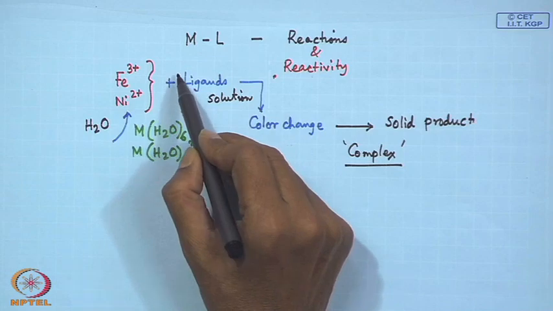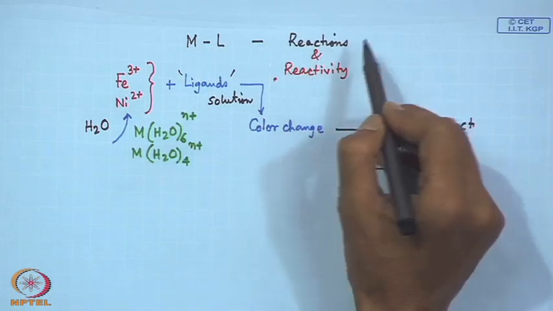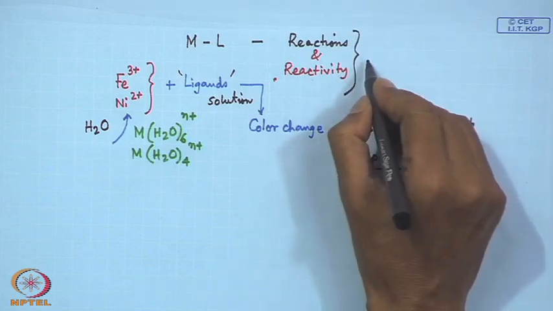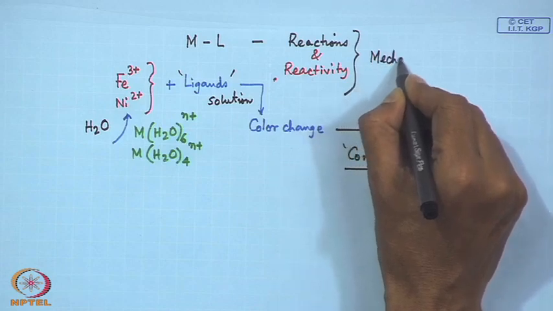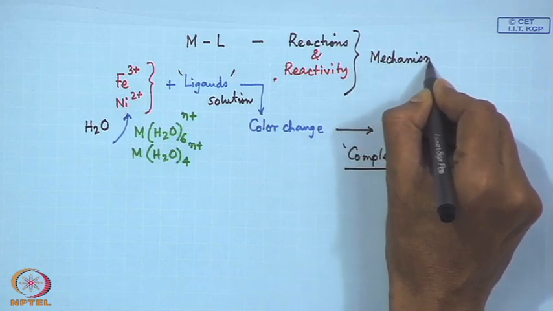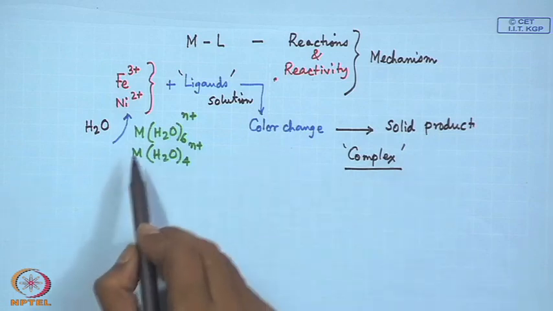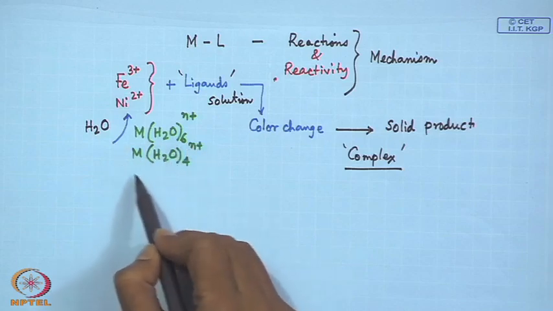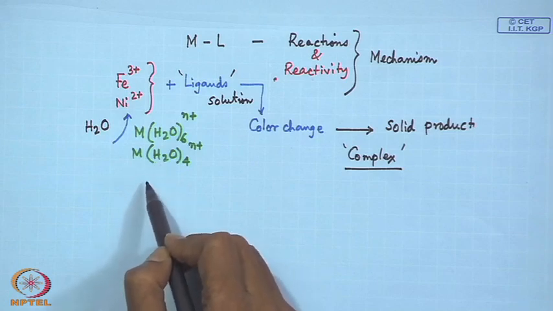So, the type of ligands will tell us about the reactions and the reactivity of these metal ions with the ligands, such that ultimately we can propose some mechanism for those reactions. Since we consider these hexa-aquo or tetra-aquo metal ions, they are also in some form metal complexes.